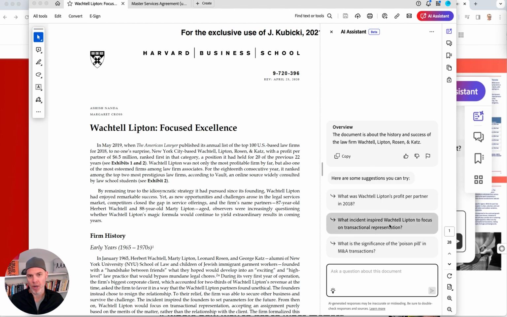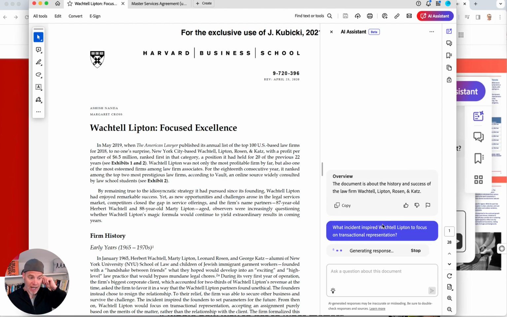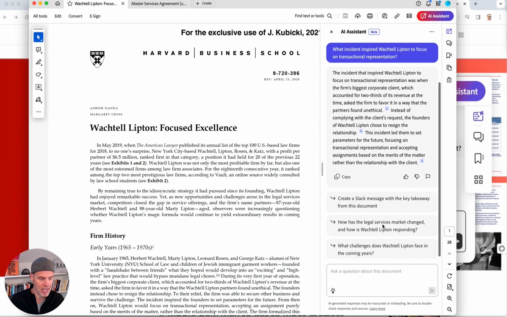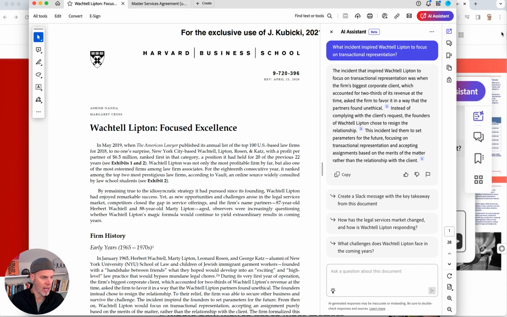I'm just going to choose one of these. I'll choose this incident that inspired Wachtell to focus on transactional representation. It's a little less ambiguous than saying what were the profits per partner in 2018. I think it might be able to get that. So let me just read this and see how.